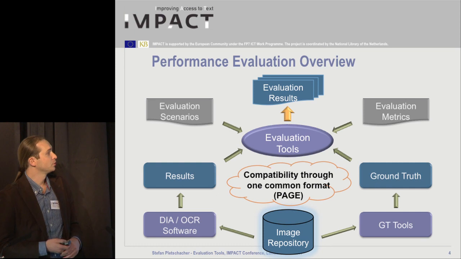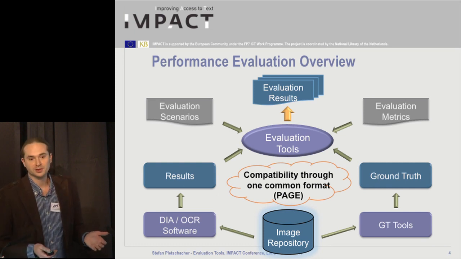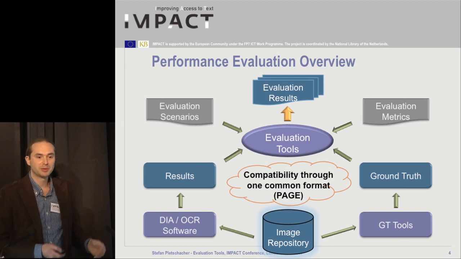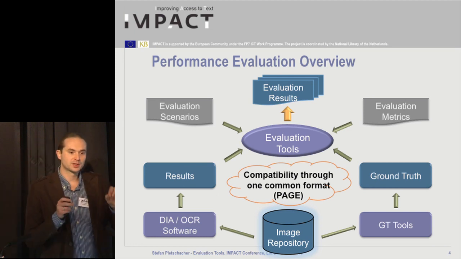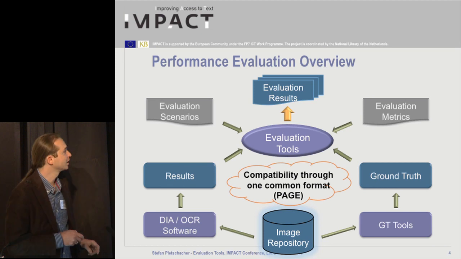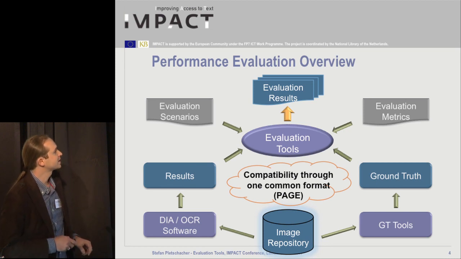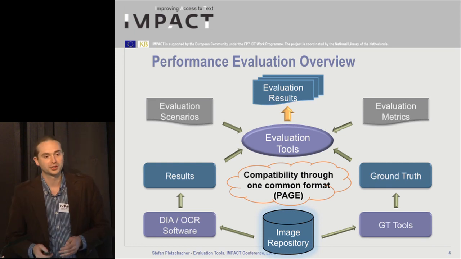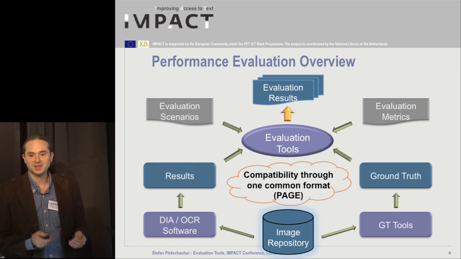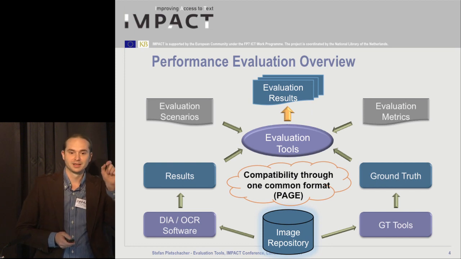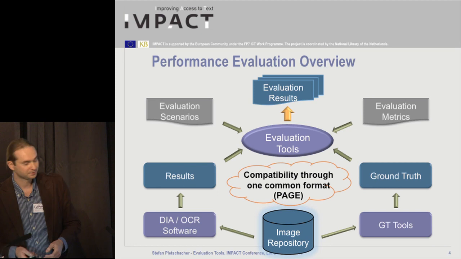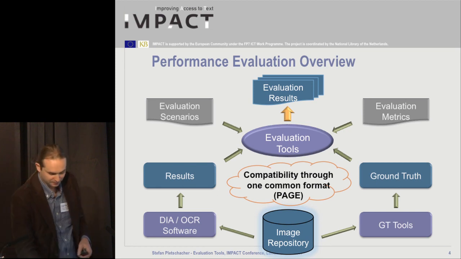If you want to do some structure recognition, say you want to discover all the headings and page numbers, you maybe have to emphasize those things more, put higher weights on such things, to then decide if that is a good workflow for you or not. So if you've missed all the page numbers and all the headings, then that result obviously is not very good for structure recognition. Okay.